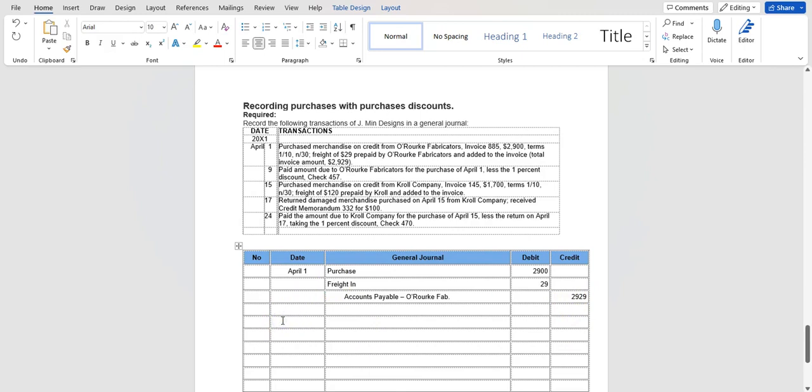So now we'll go to April 9th. It says we paid the amount due to Heroic Fabricators for purchases, on invoice 145. You notice we're using invoices, and most likely they're tracking their invoices for internal control.